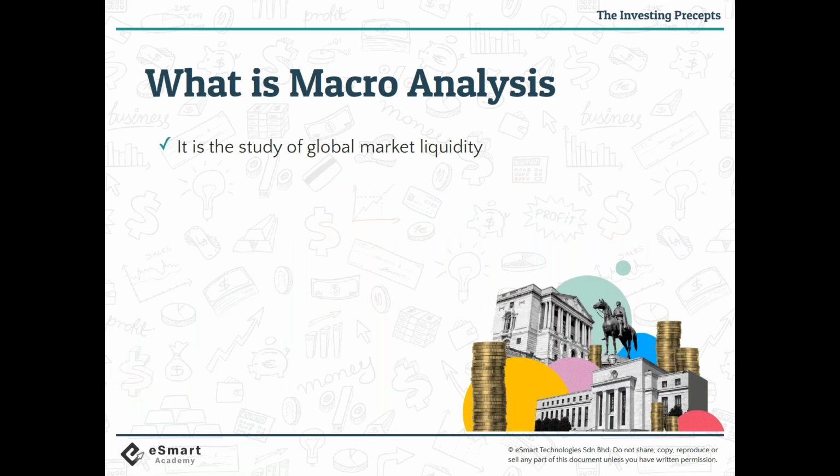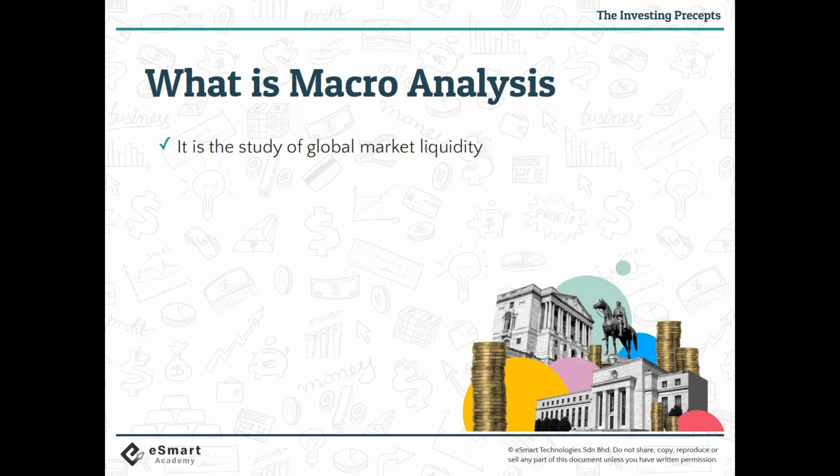So what is macro analysis? Essentially, to make it simple for you to understand, it is the study of global market liquidity. The word liquidity here simply means how fluidly money is flowing.